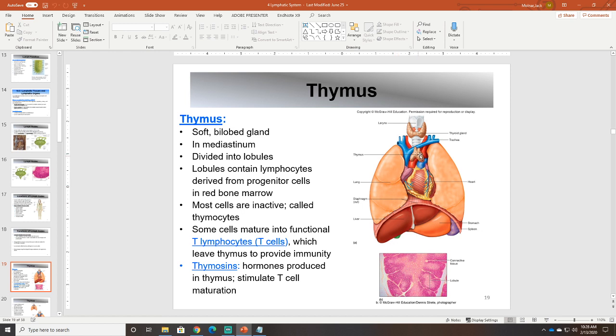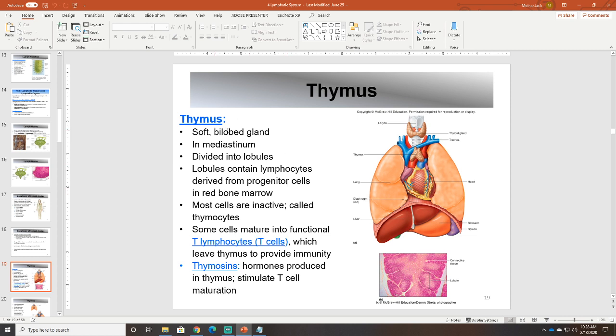So the thymus is this little organ right here, located superior to the heart. Here's the thymus, and it's divided into lobules. It's located in the mediastinum, which includes, again, the heart and thymus. The lobules contain lymphocytes that come from progenitor cells in the red bone marrow.